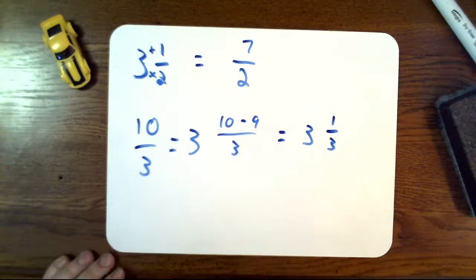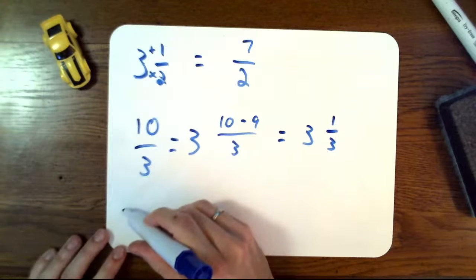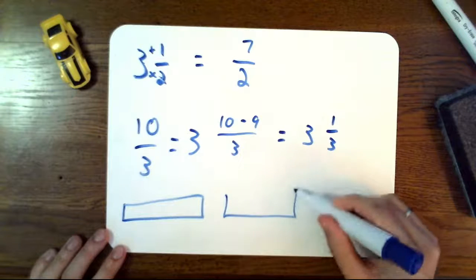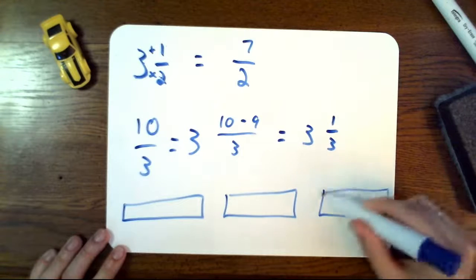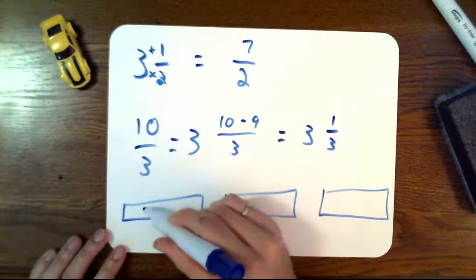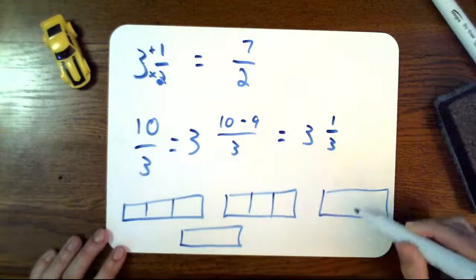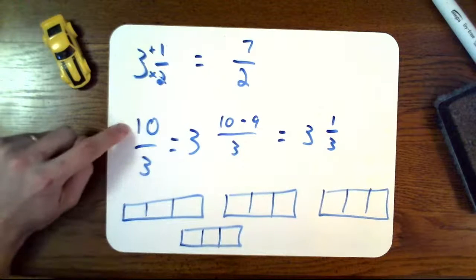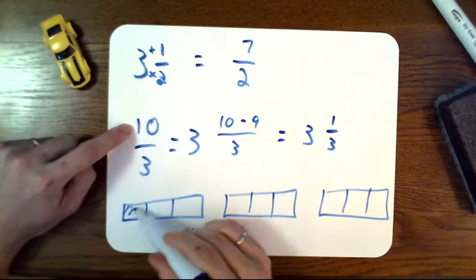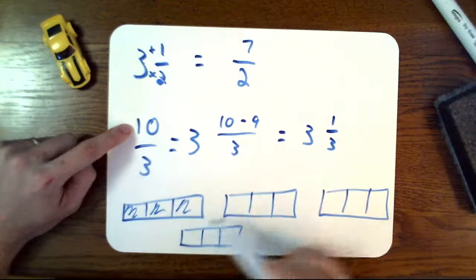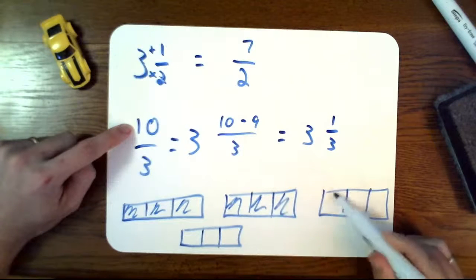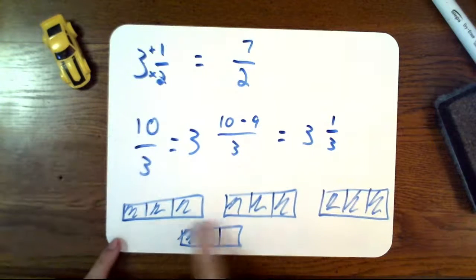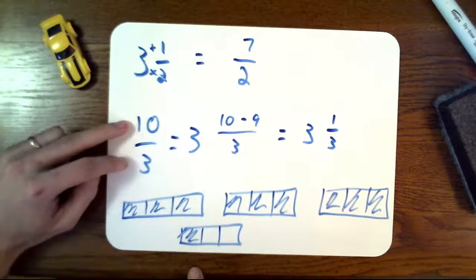So if I have pieces like this and I'm splitting each bar into 3 different pieces, I know I have 10/3, meaning shaded, shaded, shaded. 1, 2, 3, 4, 5, 6, 7, 8, 9, 10. 10/3.